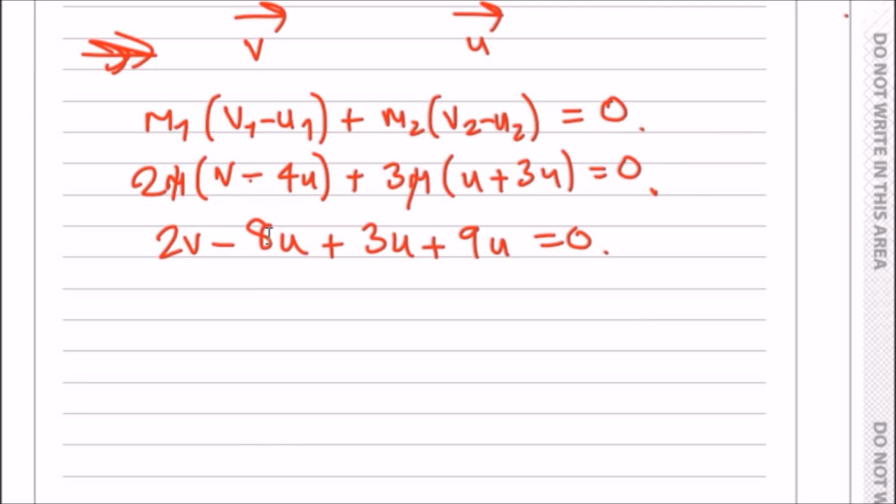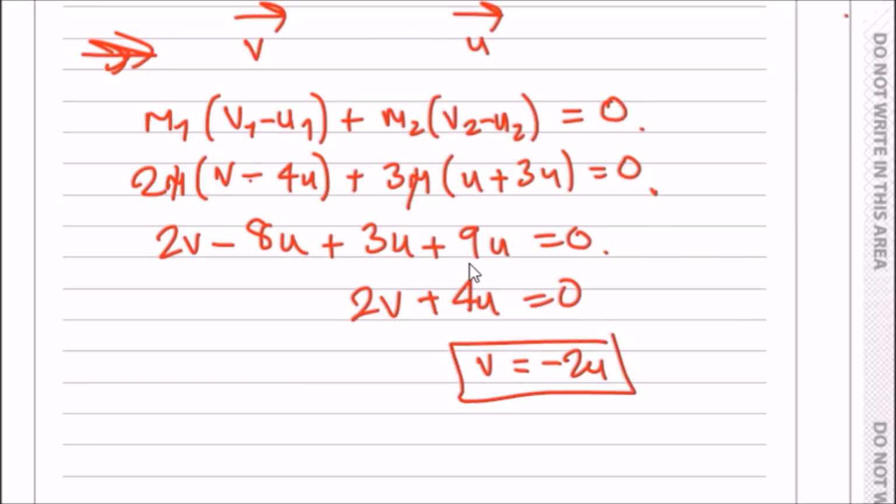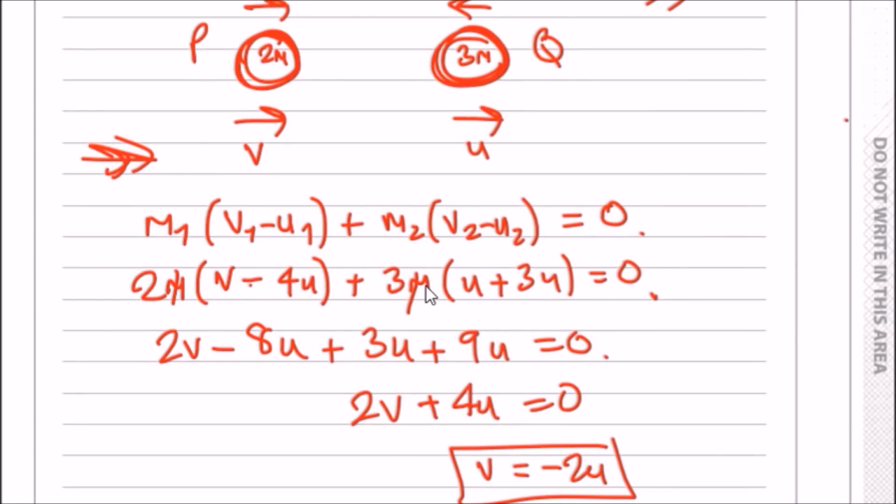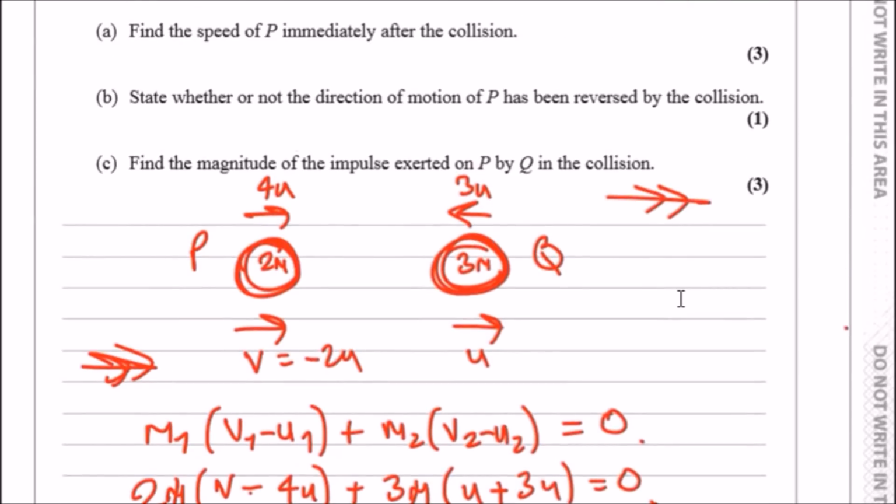We keep 2v, and minus 8u, and 3u plus 9u is 12u. 12 take away 8 is 4, so it'll be plus 4u equals 0. And finally, solving this for v, we get v equals minus 2u, and hence, because it's negative, we can say that the direction of motion has been reversed.